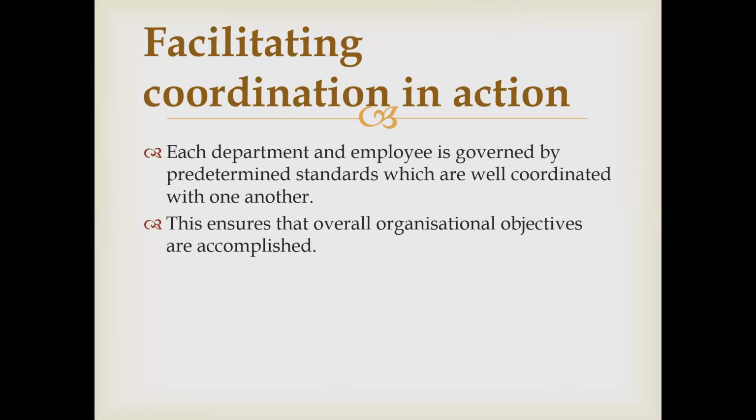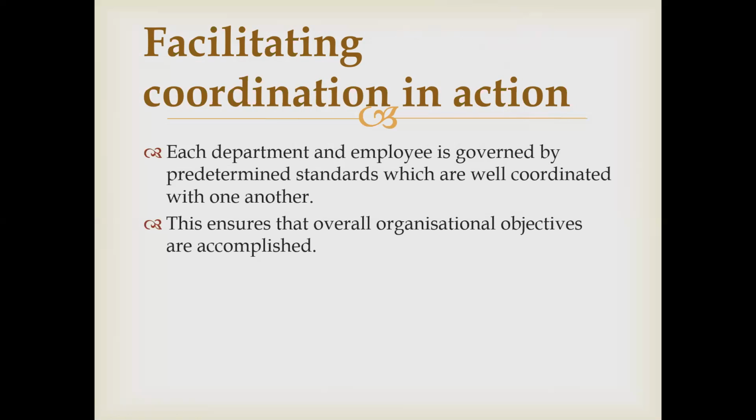So each department and employee is governed by predetermined standards, and those standards should be well coordinated with one another. जो भी standard हम set कर रहे हैं, if sales department says that we cannot increase the sales by more than 2% this year, so production department should also restrict their production up to that percentage only, so that the resources are not wasted.